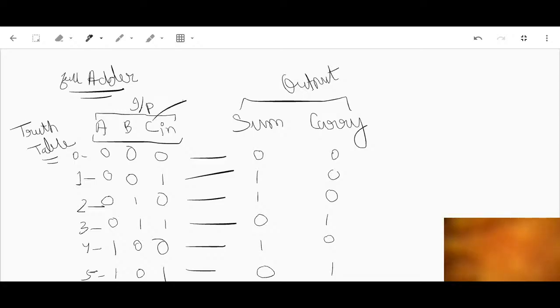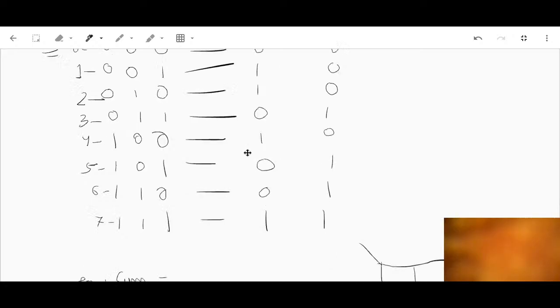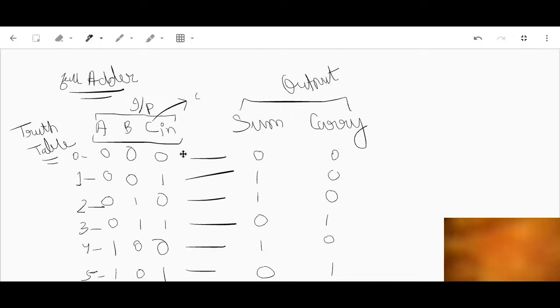We just consider C in as C for easier to say, to solve. After we find the equation, we just put the value of C in in the place of C.